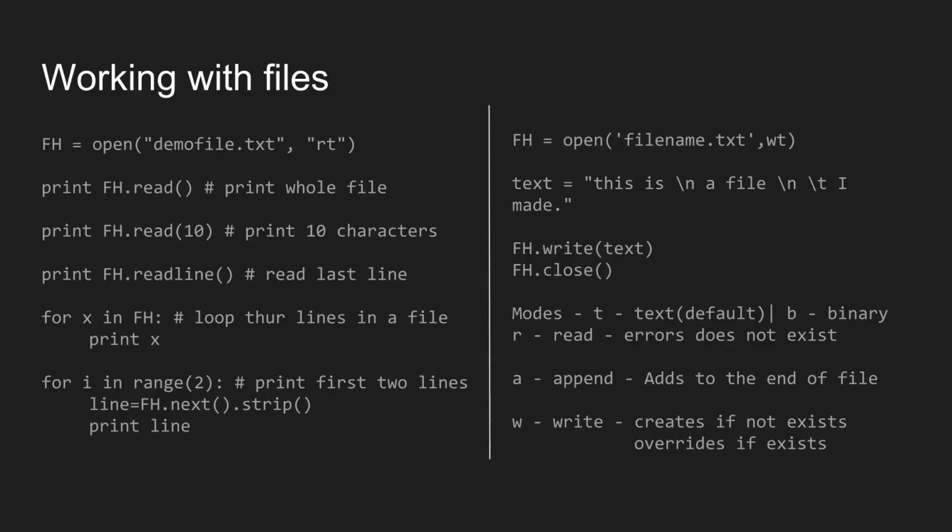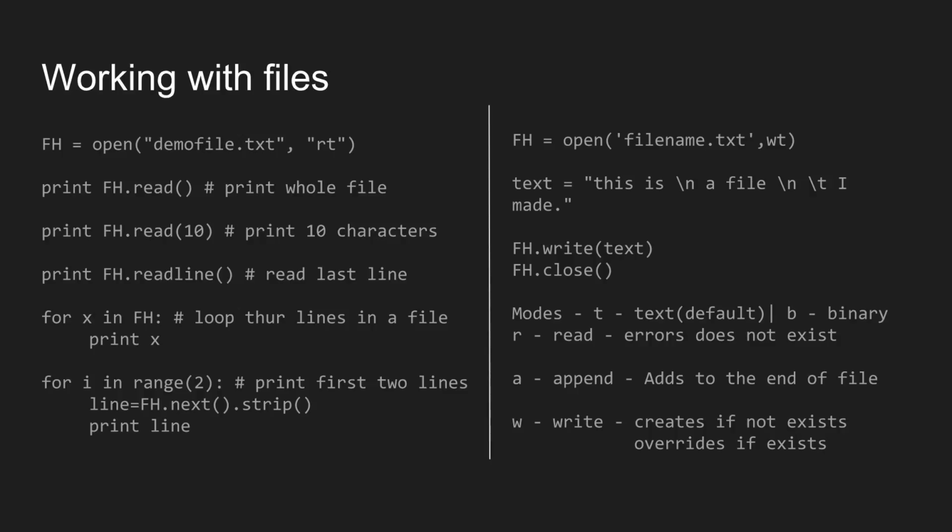There's the R and T. T is the default, so you don't need to include the T. R is the read mode, and you don't even need to include that either, because read is the default as well. So by default, you're going to read text. To print the whole file, you can do the read method, and that prints out the whole file entirely. If you just want to print some characters, you just put in the number of characters.